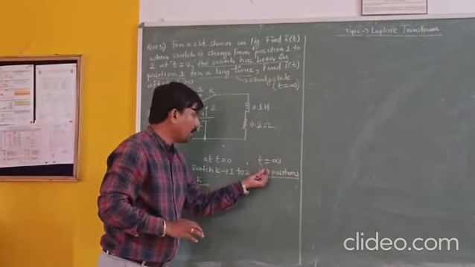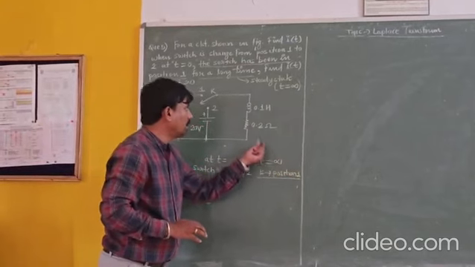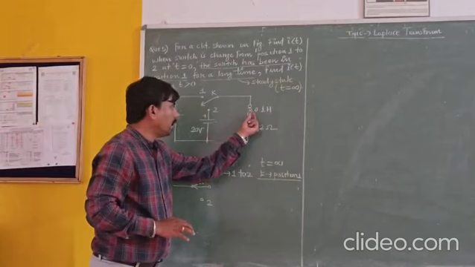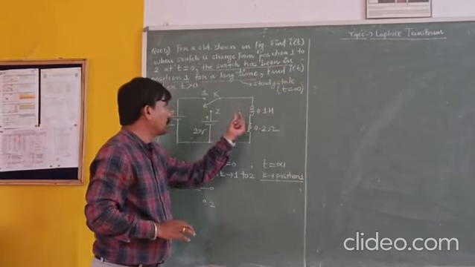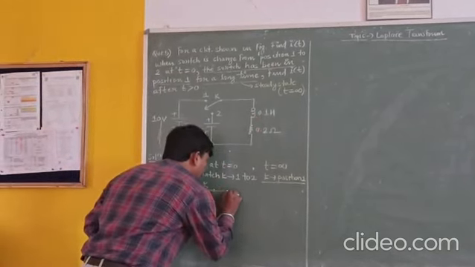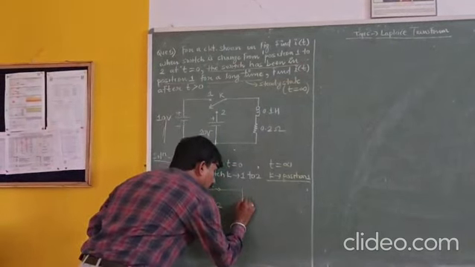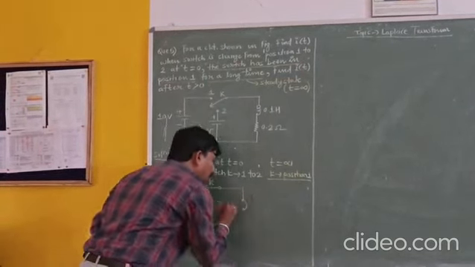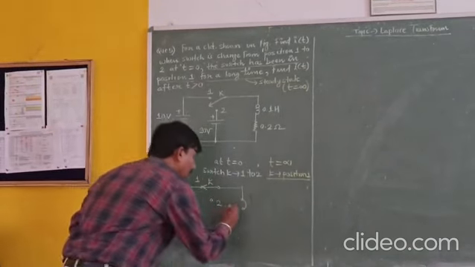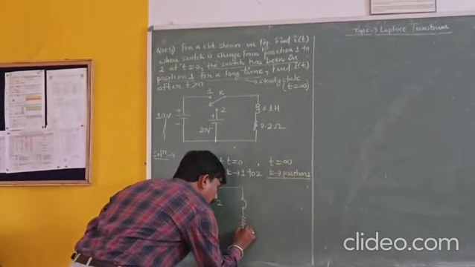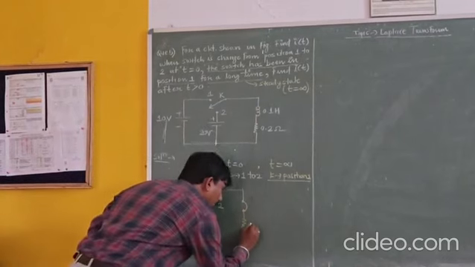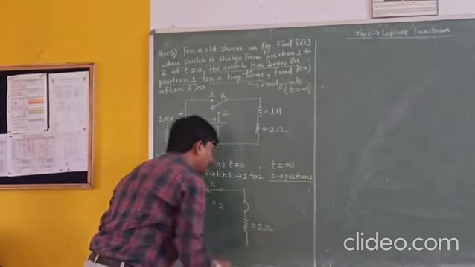At t equals infinity, the inductor is always short circuited. So I am drawing the inductor as short circuited, and the resistance remains as it is, that is 0.2 ohm.